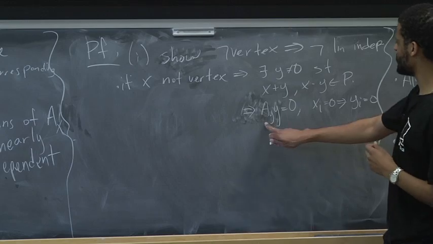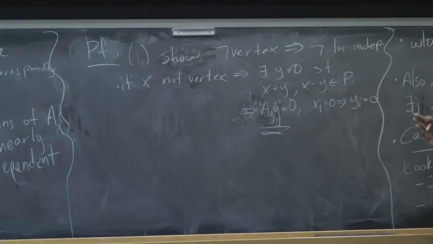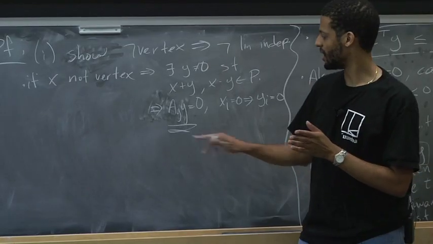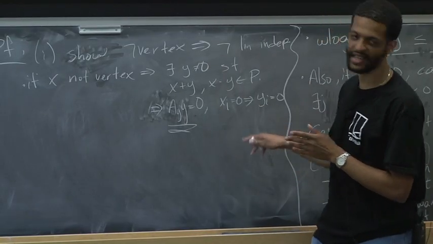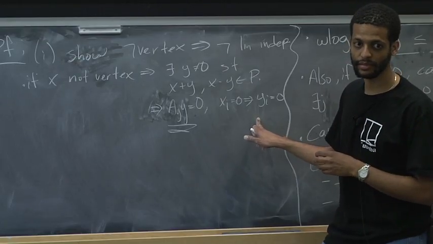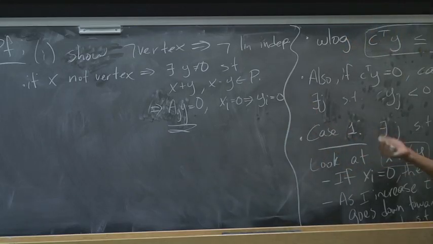So what does this mean? This means that the columns of A sub y are dependent, right? But A sub y is a submatrix of A sub x because of this, right? The place where y puts mass is a subset of the places where x puts mass.